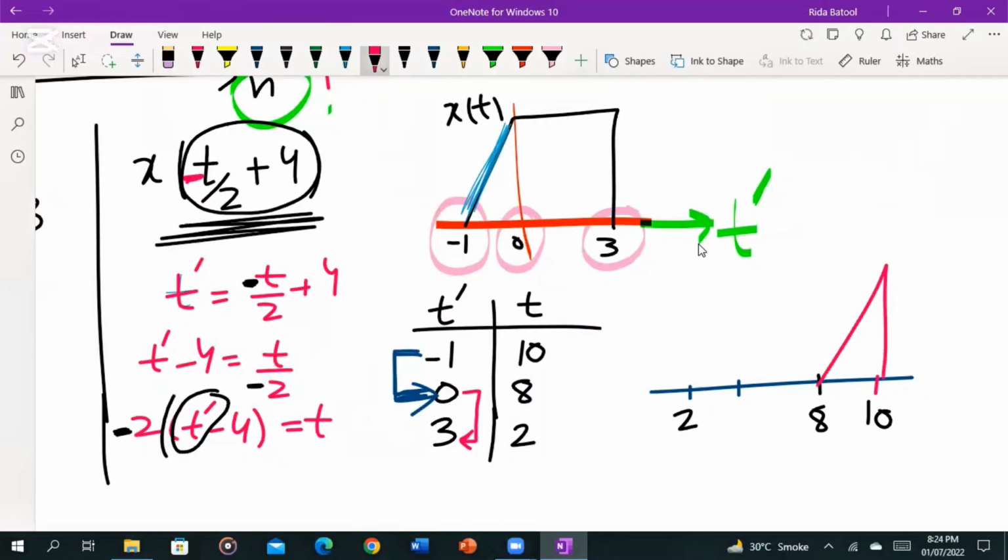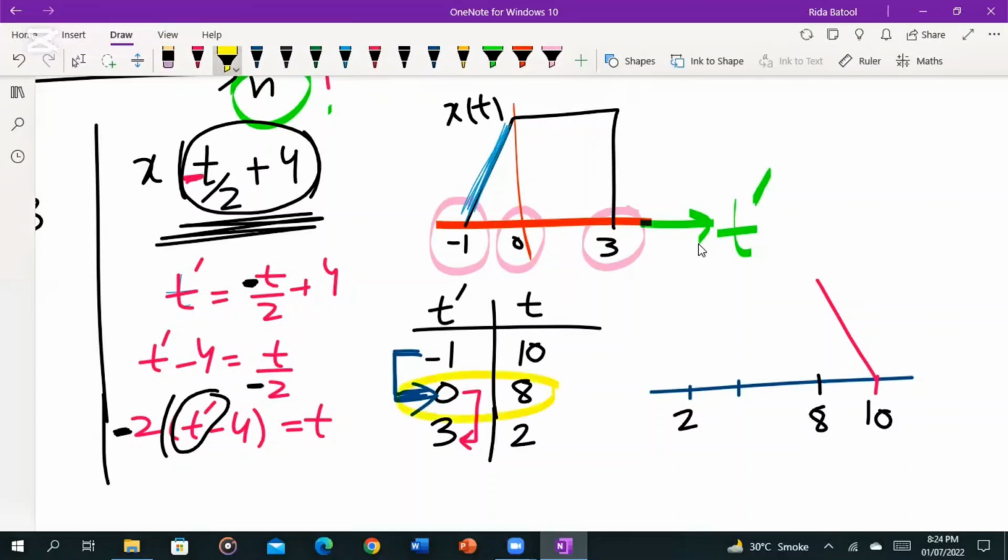It will rise like this from 10 till 8, continue till 2, then drop. Now look at this. You can also get it from here.